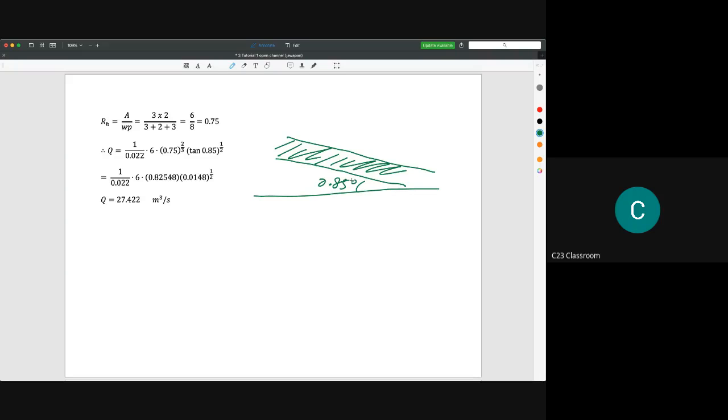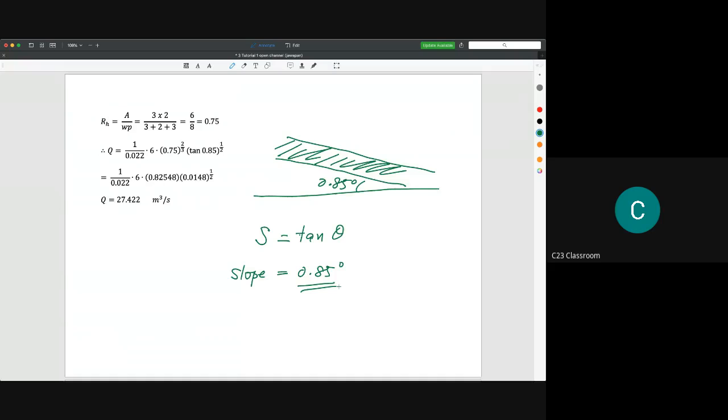According to the derivation of the Manning equation, we use the value of S equal to tangent theta. That's why, when the slope is given as an angle, 0.85 degree, what you need to do is calculate the value of tangent for 0.85 degree.